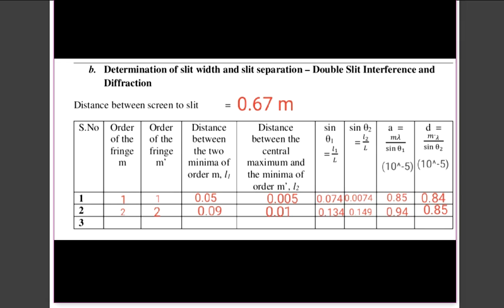As I said before, the value of A and d must be more or less the same in both cases, m is equal to 1 and 2. So approximating these values, I take the value as 0.8. So my slit width for the double slit diffraction is 0.8 into 10 power minus 5.